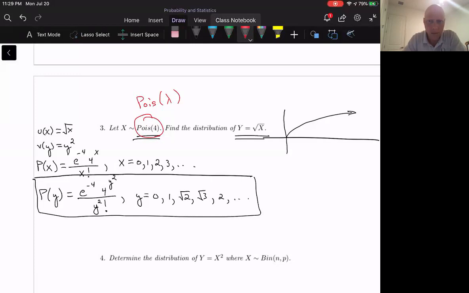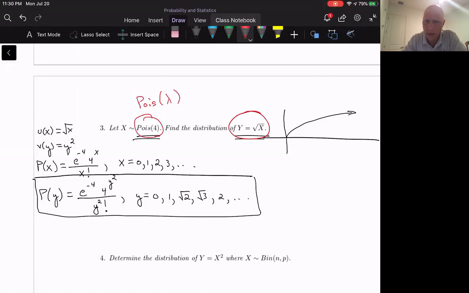Why do you have to write that's y squared? That's your question, right? Why is it y squared? What do you get when you solve for x here?